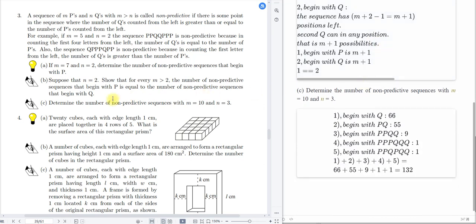Okay, let's see part C. Determine the number of non-predictive sequences with m equal to 10 and n equal to 3.